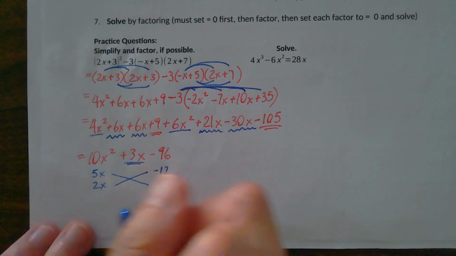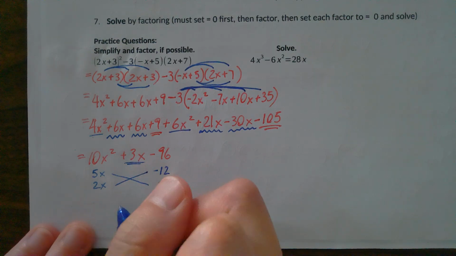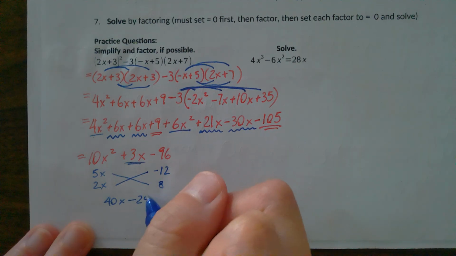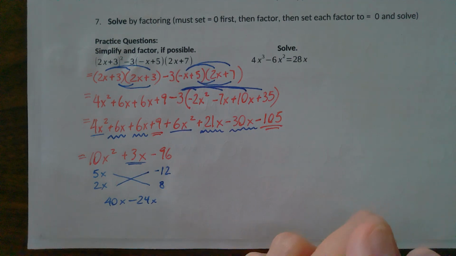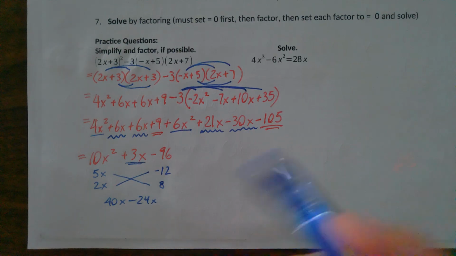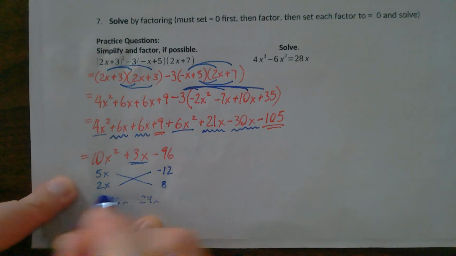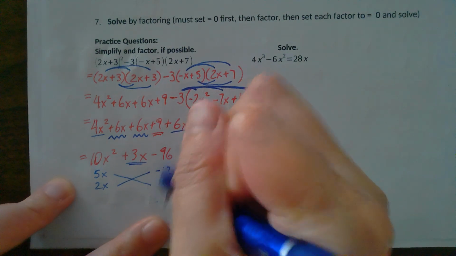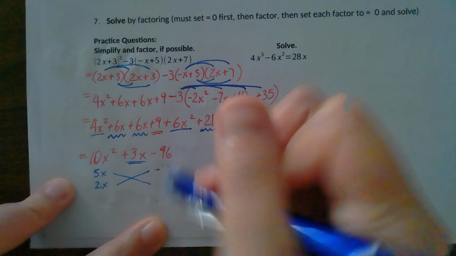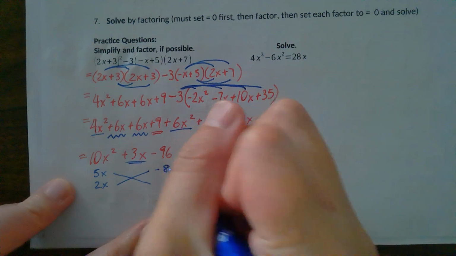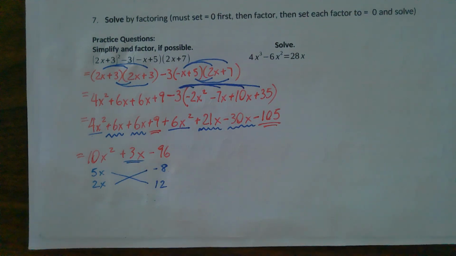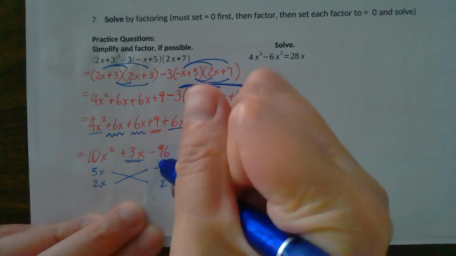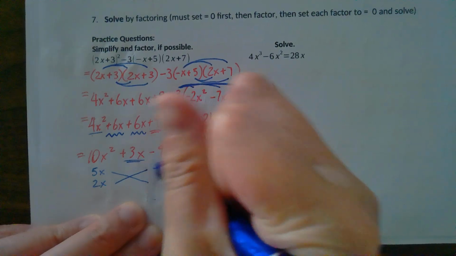So 8 times 5, 40x, 40x minus 24x, I get 16x. That's not what I want. Now what if I change it up? Negative 8 and 12. 16. No, that's way off.